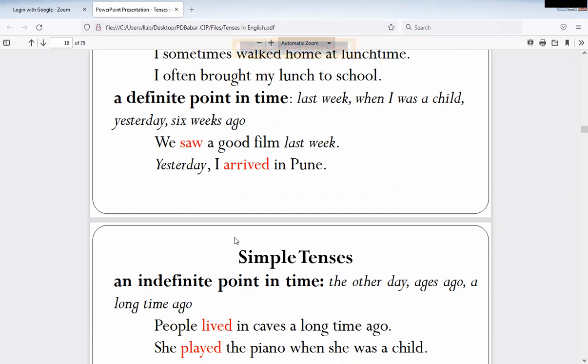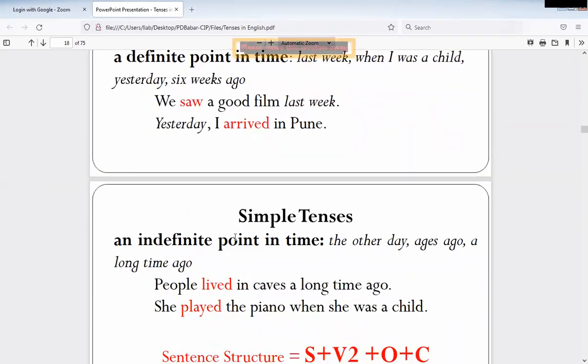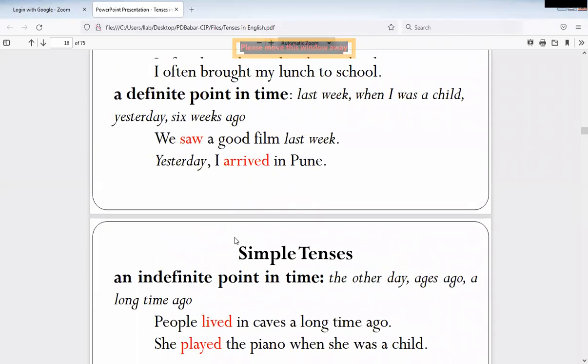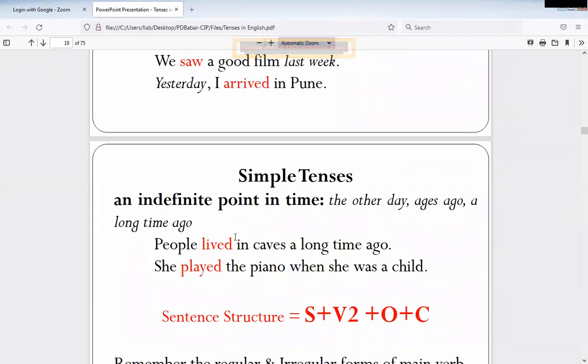Also, an indefinite point in time. Some of the time showing expressions are indefinite, which means they do not have any definite point. The other day, ages ago, a long time ago, long ago.